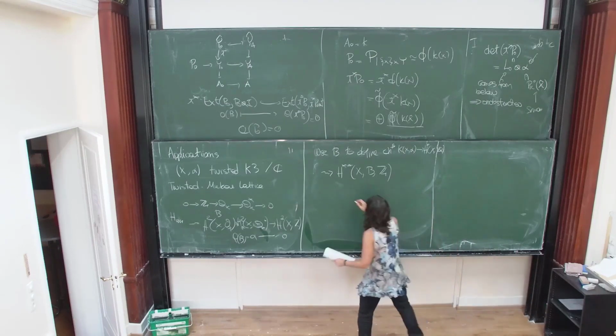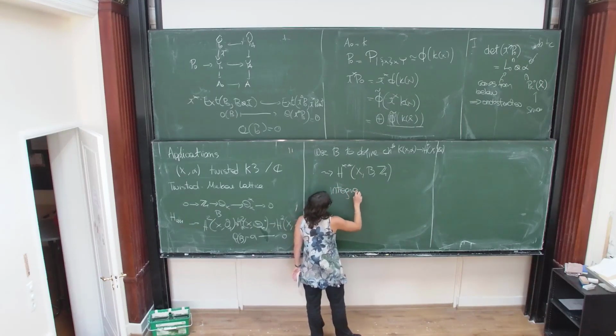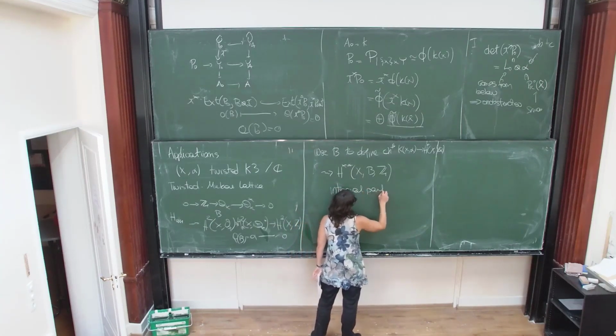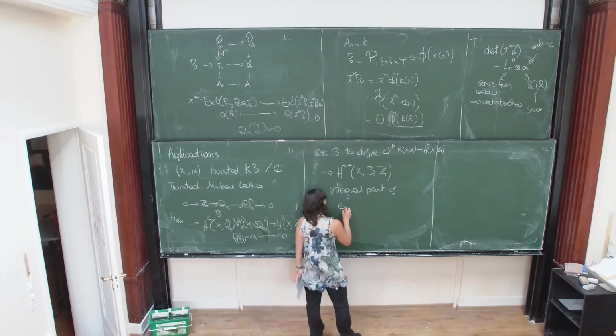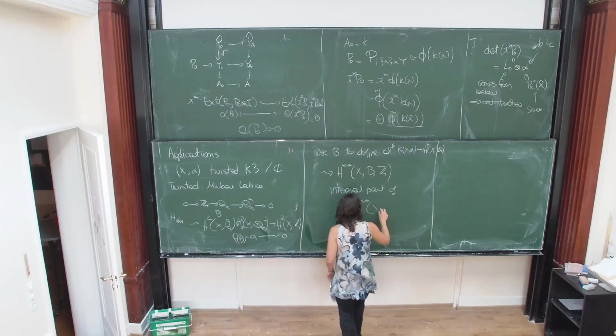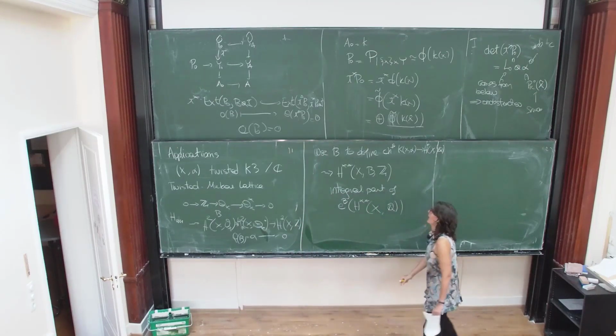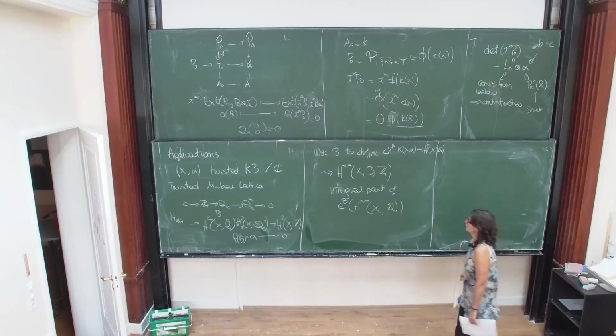So this is the integral part of e to the B, times the A star of X cubed.